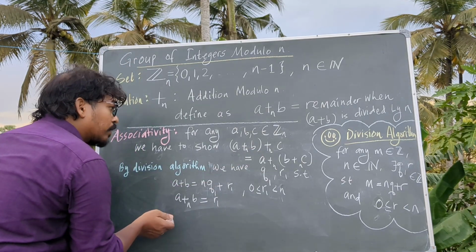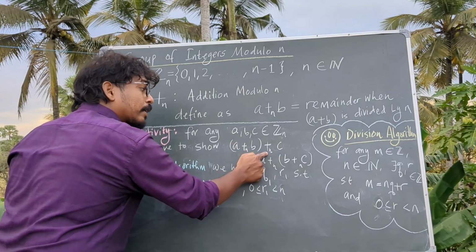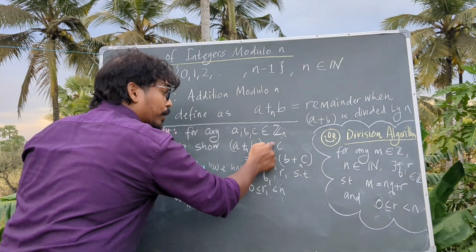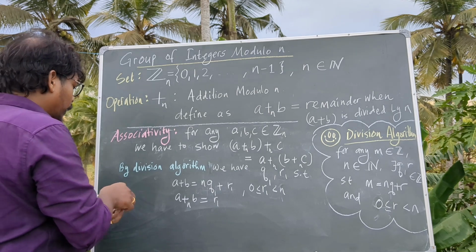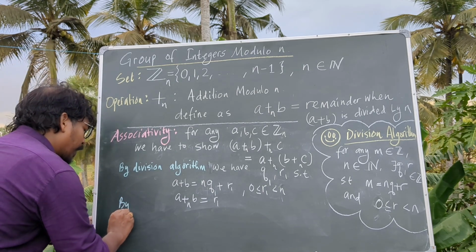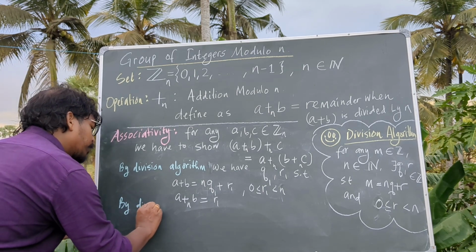Now we will operate r1 with c under addition modulo n. We will again apply division algorithm.